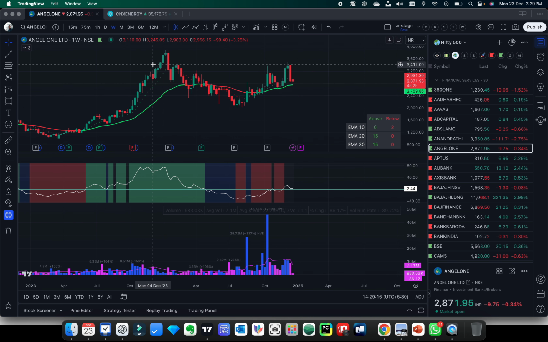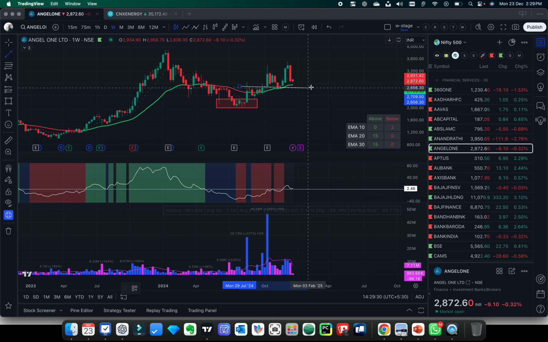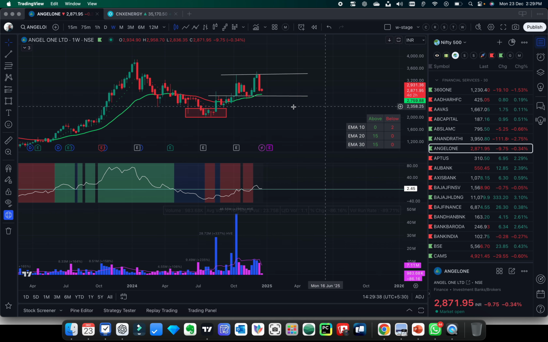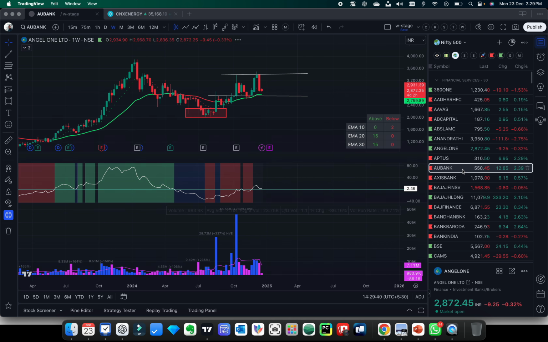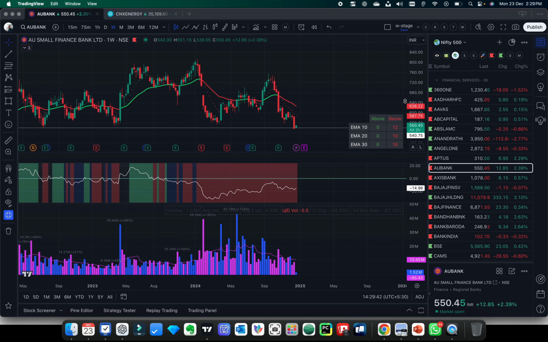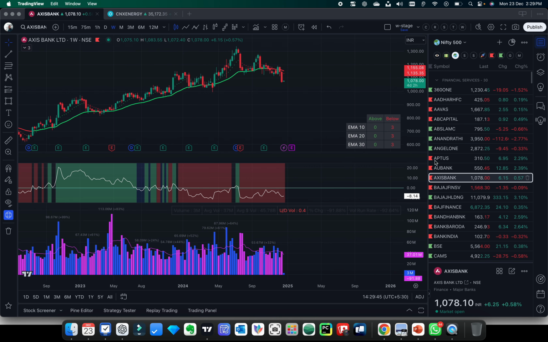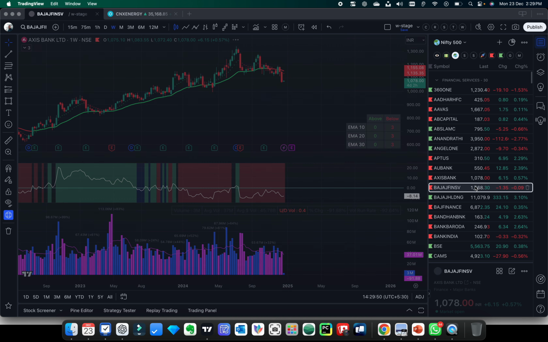It has been trending upwards, downtrend, small consolidation here, breakout, again came in the consolidation stage, then there is breakout from this area. So this is making higher highs and higher lows. AU Bank, downtrend. Axis Bank, downtrend. Clearly it is underperforming the market and it is in the downtrend.